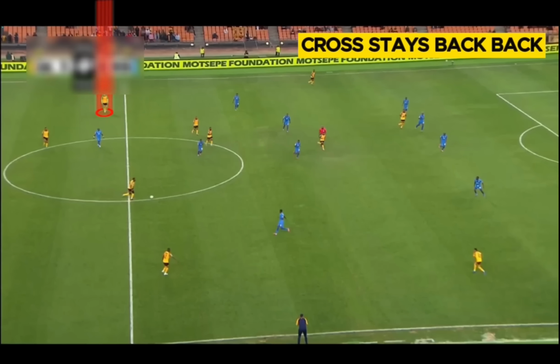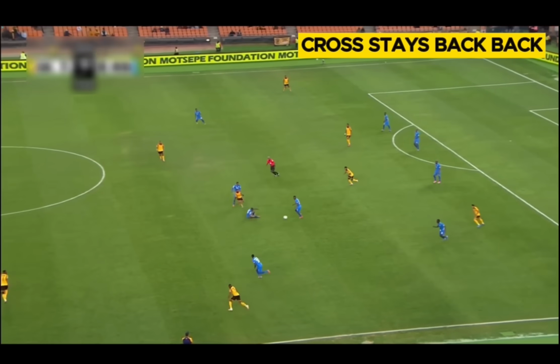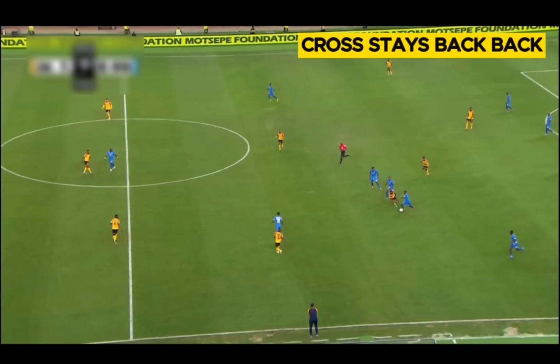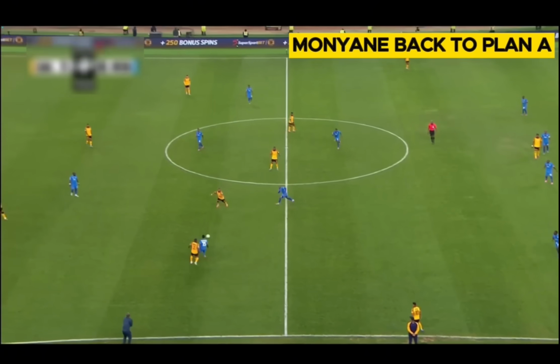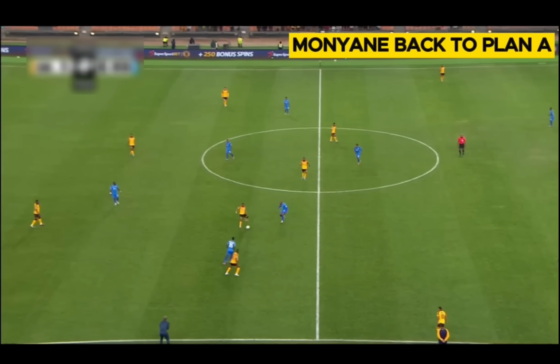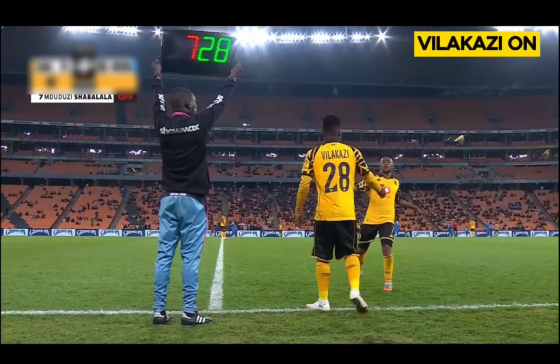So you see that Cross is staying back, and this helped because in moments like this, when Chiefs lost the ball and then Richards Bay were transitioning, there are three defenders who are ready at the back. And one thing that happened is that when Sereno now moved wide to the right-hand side, because that's what he was doing, even on the left, it then allowed Monyane to go back to plan A and attack the half spaces.